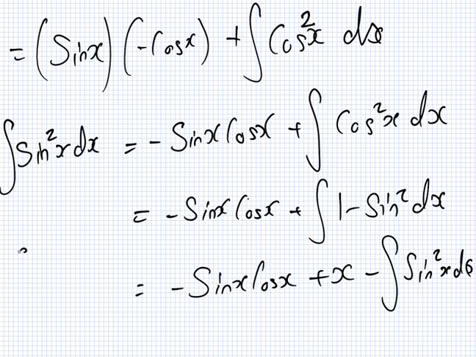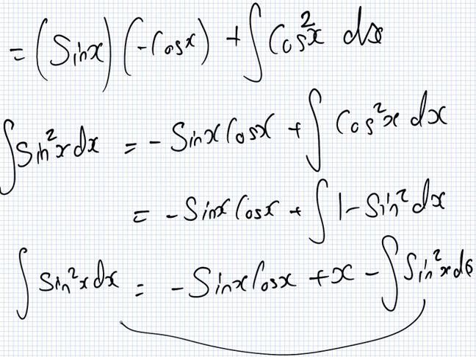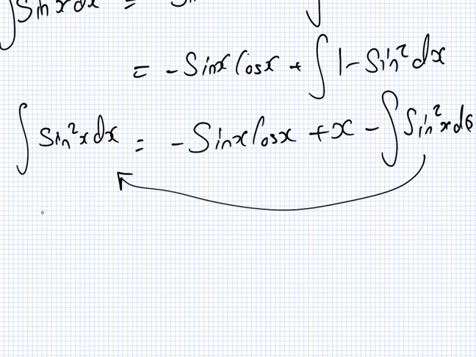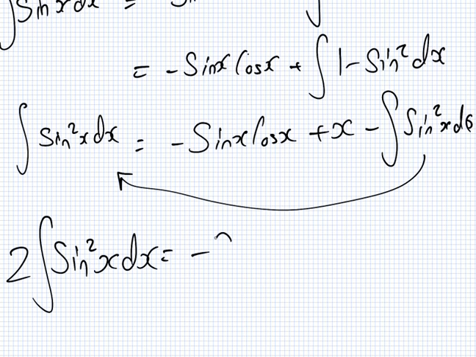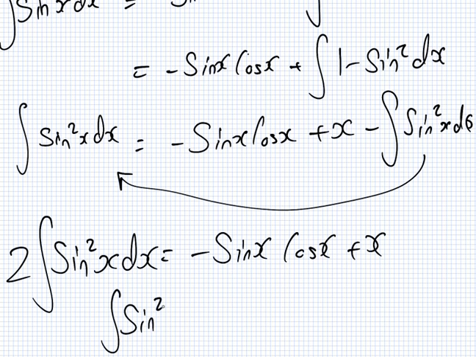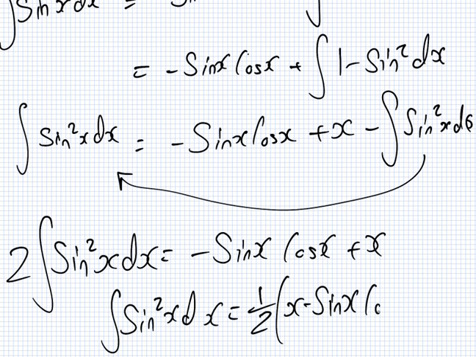But that's fine, because now we can add it to the left. I can now take this over to the left, so I have two of them. So I get 2 times the integral of sine squared x dx equals minus sine x cos x plus x. So I end up with my answer, the integral of sine squared x dx equals a half of x minus sine x cos x, plus c.